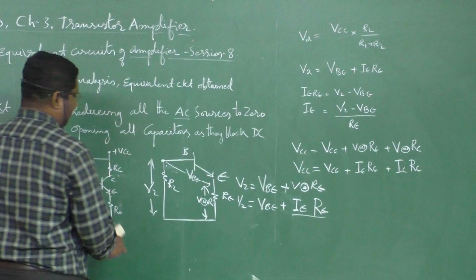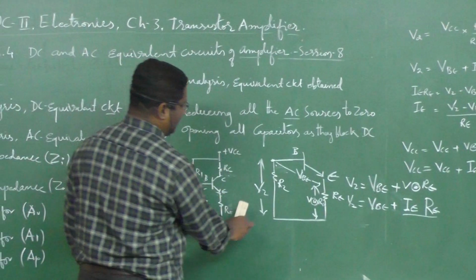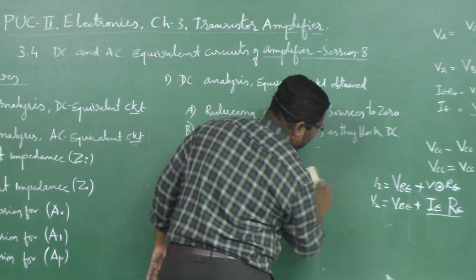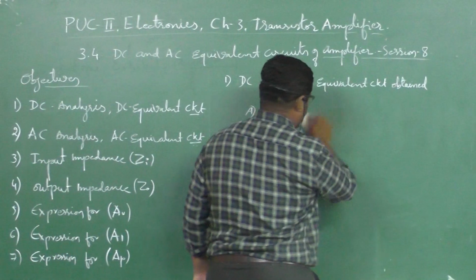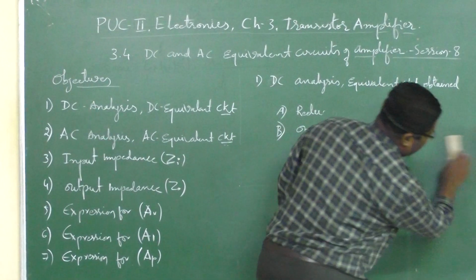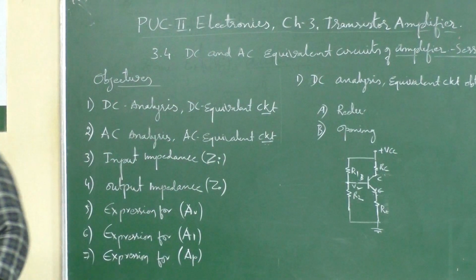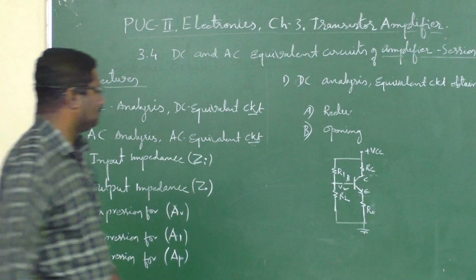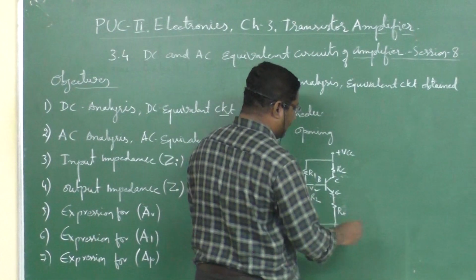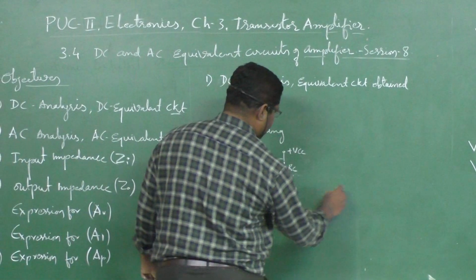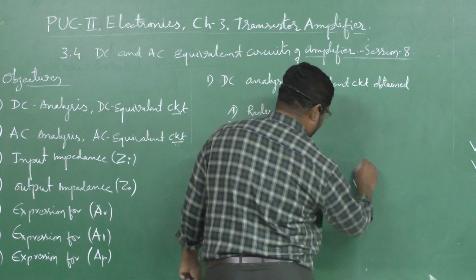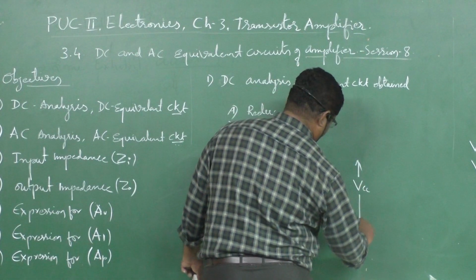Similarly, we can write the output voltage equation. So what is that output voltage equation? Here we can write this. This is VCC from here to here, total.